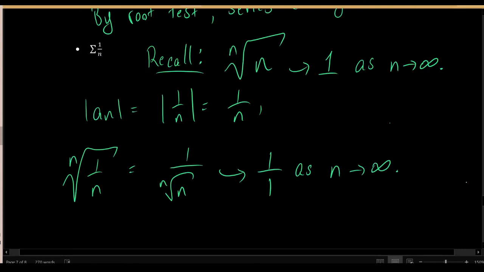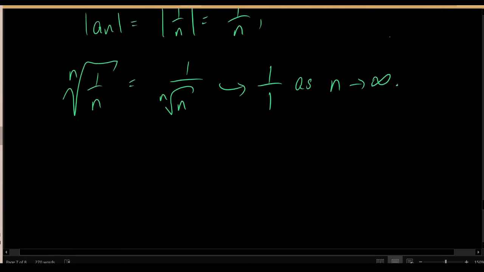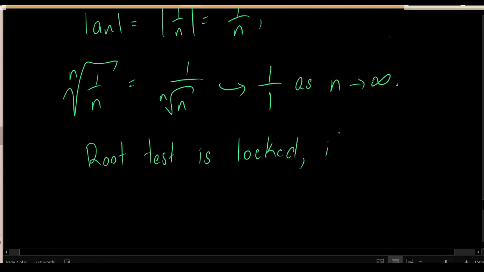So just as in ratio test, when you apply root test and your limit is equal to exactly 1, if the limit is neither strictly less than nor strictly greater than 1, then root test is still locked, neither one of the potential hypotheses were satisfied, and so root test cannot be used to make any conclusions.